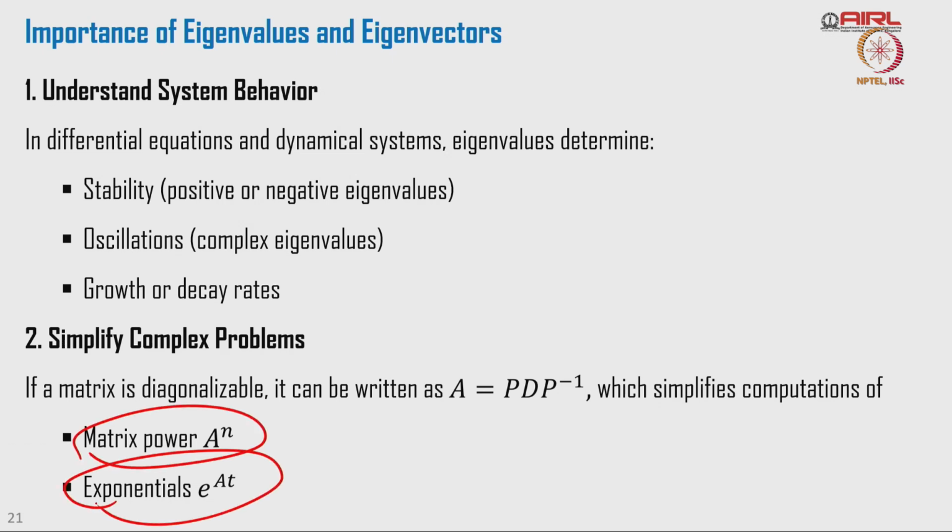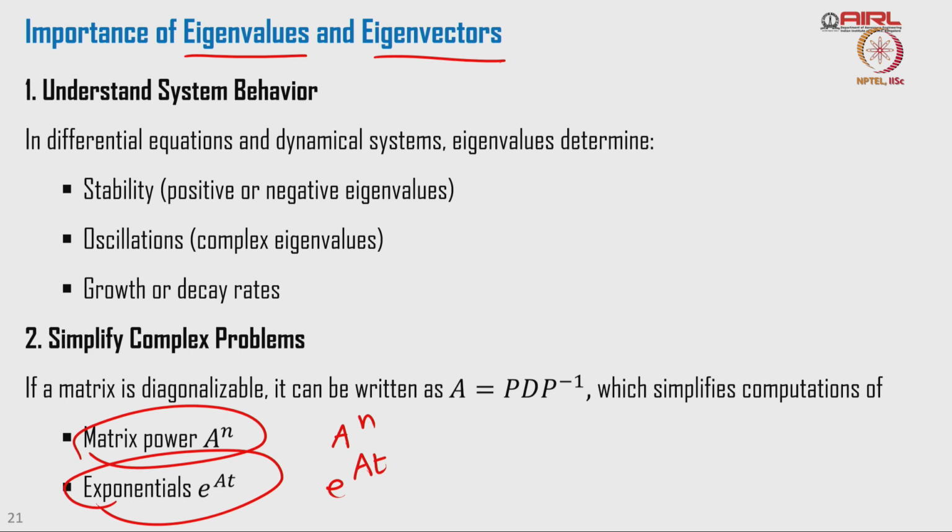These will be essential in knowing how the system is going to behave in the future. However, to do that we will need to compute A to the power n or e to the power At, and these calculations become much more simplified if we can transform these matrices, and to do these transformations we need to understand both eigenvalues and eigenvectors. That was the entire purpose of this lecture.